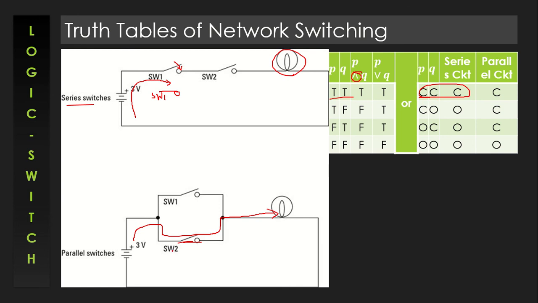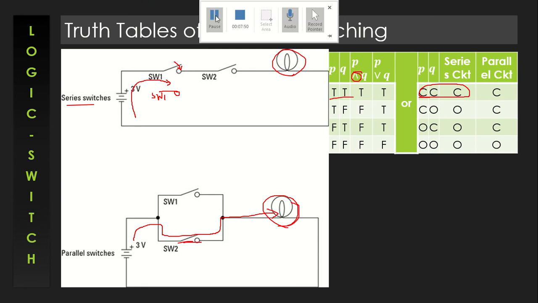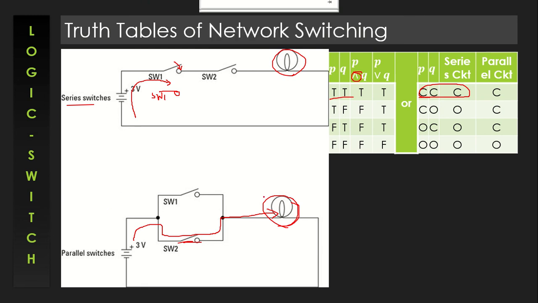However, in parallel switches, it only takes one switch to be closed to turn on this light bulb. So that's the difference between series and parallel switches. Now let's proceed to the next one.